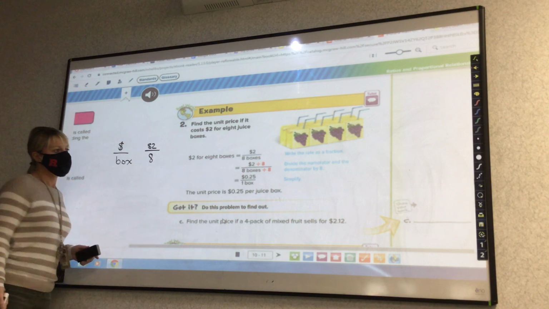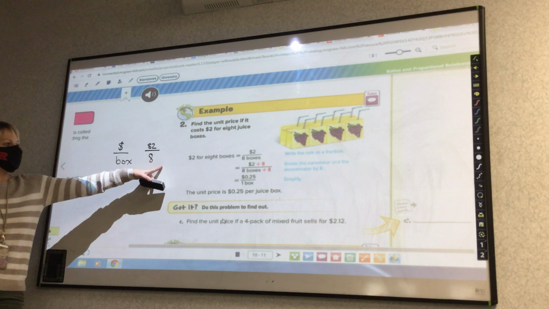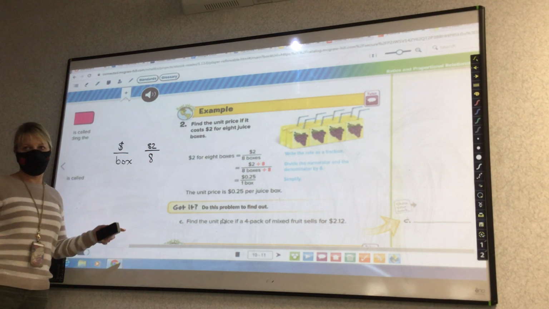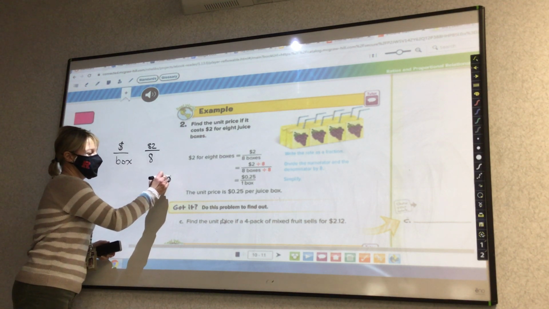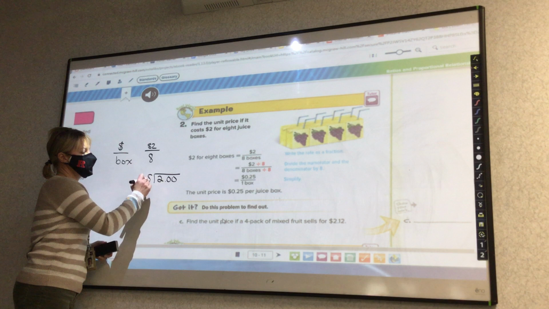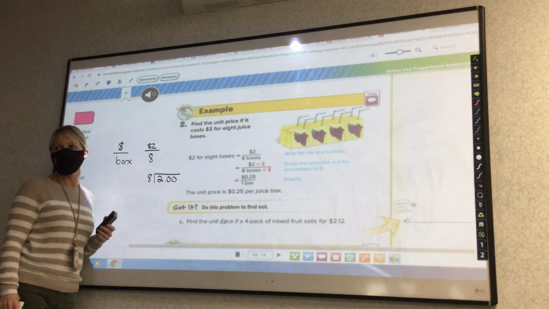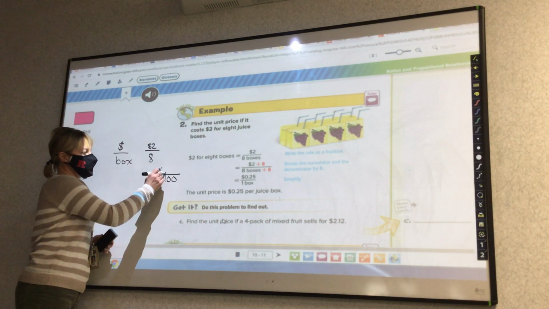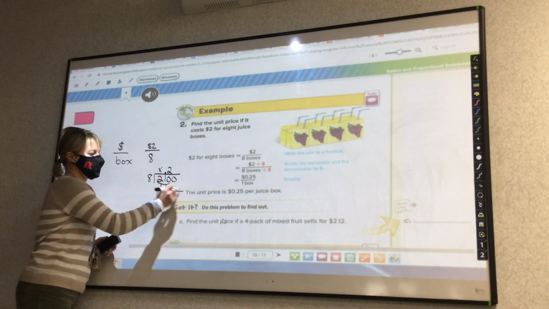8. Now, when I divide by 8 to get this to equal 1, I can't really do my division very well there. So I'm just going to do $2 divided by 8. I just didn't have enough room here. So 8 doesn't go into 2, but bring up my decimal. It goes into 20 twice. 16 left.